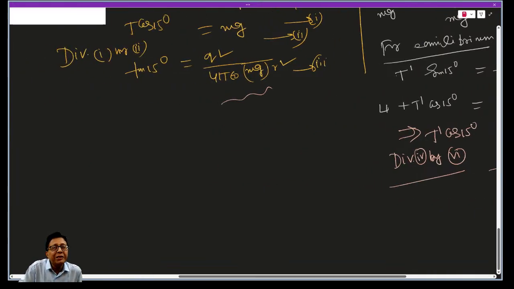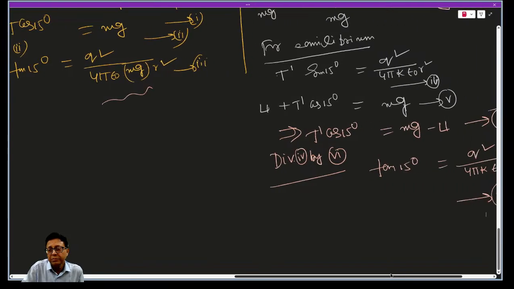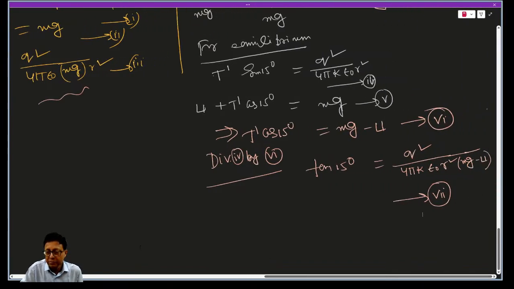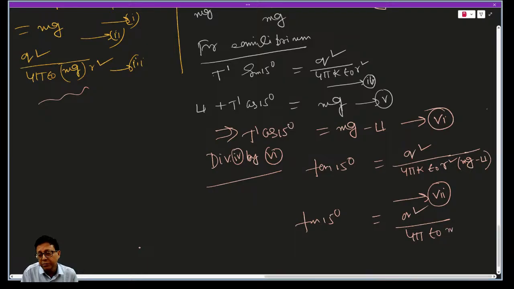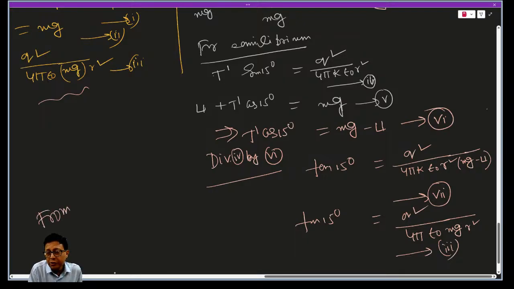Tan 15 initially, how much did you get? Tan 15 initially was q square by 4 pi E0 mg r square. This is our initial calculation. Tan 15 remains the same. So from 3 and 7, what do I get?